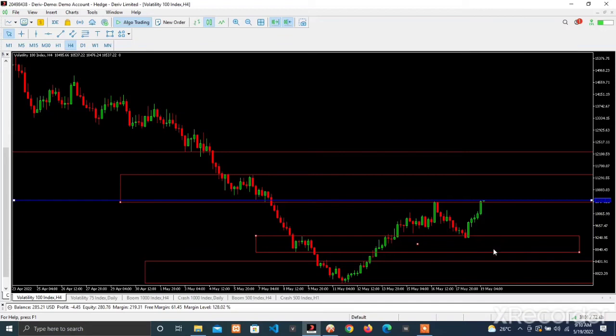Then if we are taking a buy trade, our first take profit will be at this zone here, since the market has not tested this particular zone.